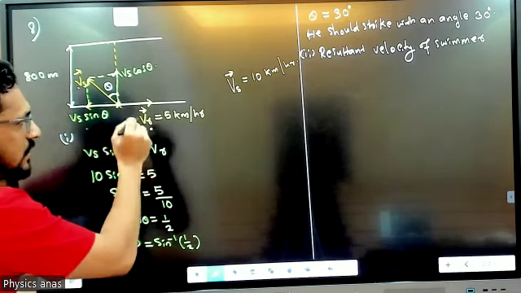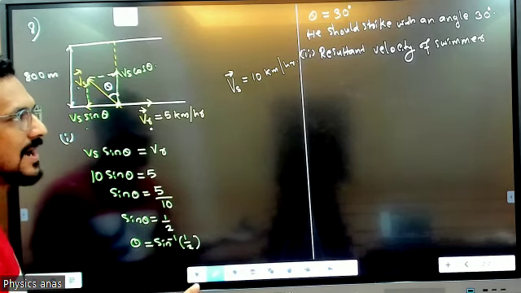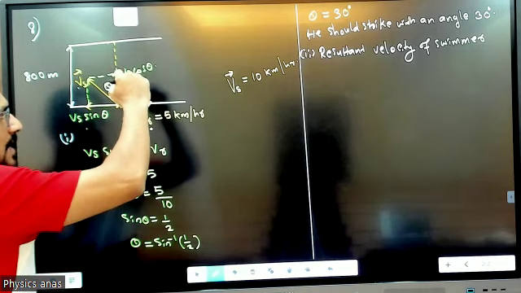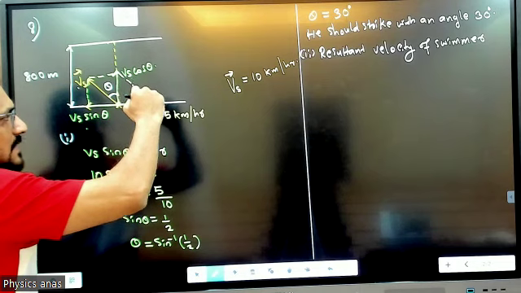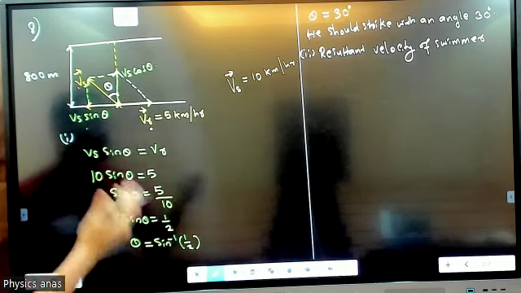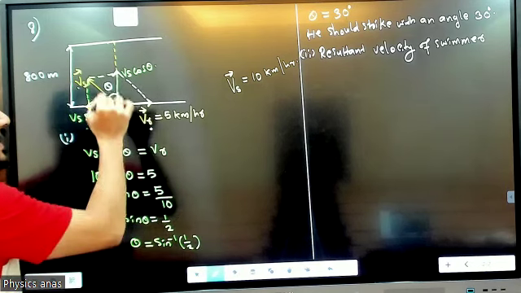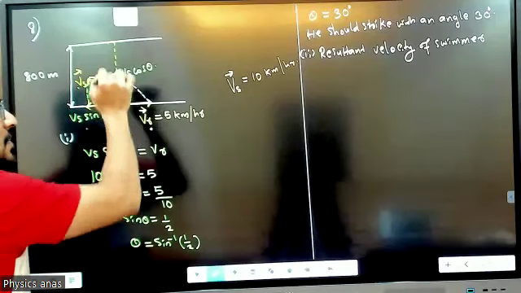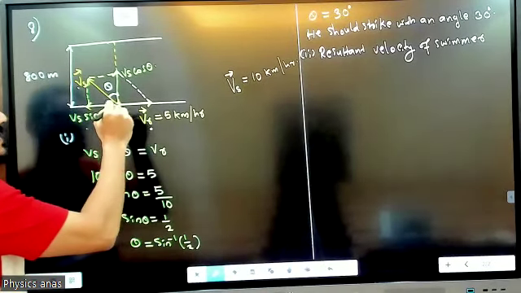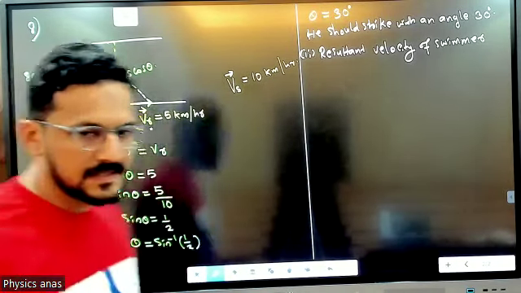Now you can imagine Vr and Vs as two sides of a parallelogram. Then you can complete that parallelogram like this. This is now a parallelogram, and the diagonal will be the resultant. So this green component is the resultant. I will give it another color. This red color, you can see this, right?